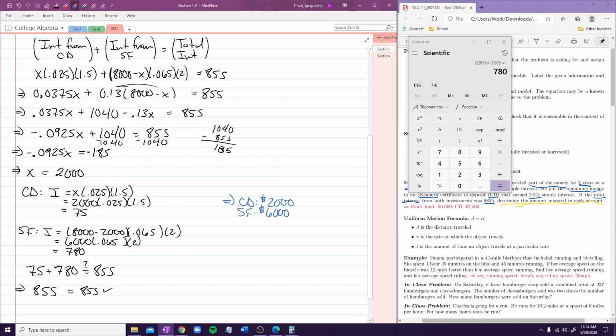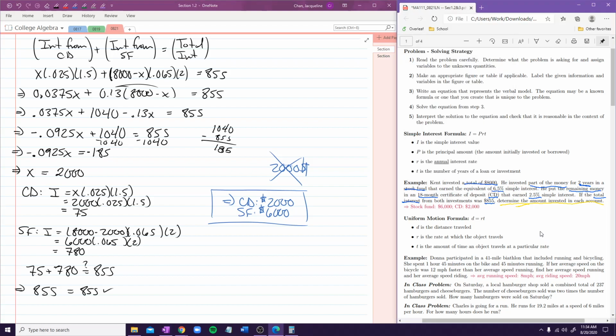Make sure when you give me the answer, you use the correct labels. In this case, it's just a dollar sign. And I really want to emphasize the dollar sign goes in the front. This is not correct, okay? No, it goes in the front. And as you can see from over on the right, this is the correct answer.